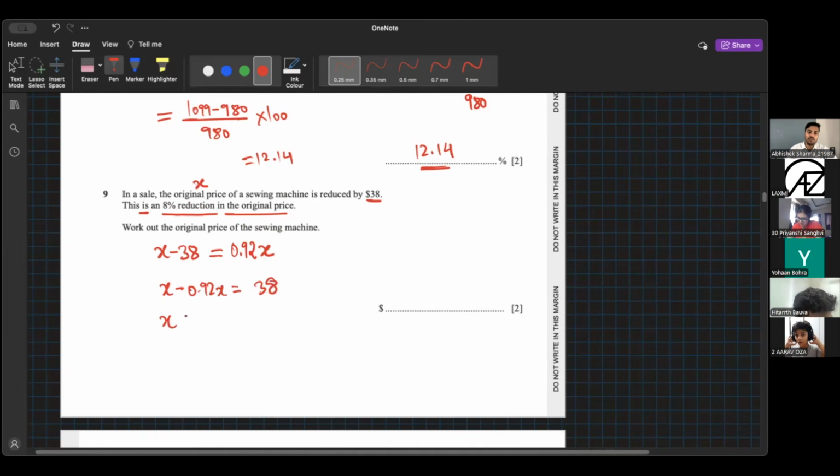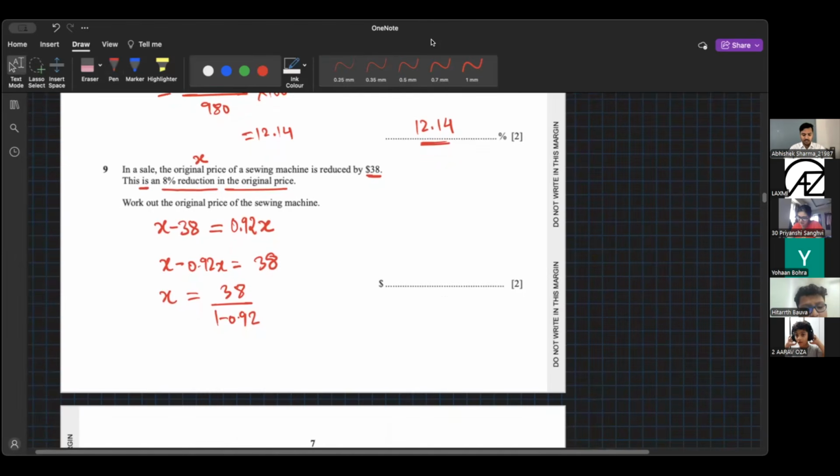So X is common. We can write 38 upon 1 minus 0.92, right? And we can do this in the calculator. We can also find X by writing 38 equals 0.08x. Check if you are getting the answer like that.